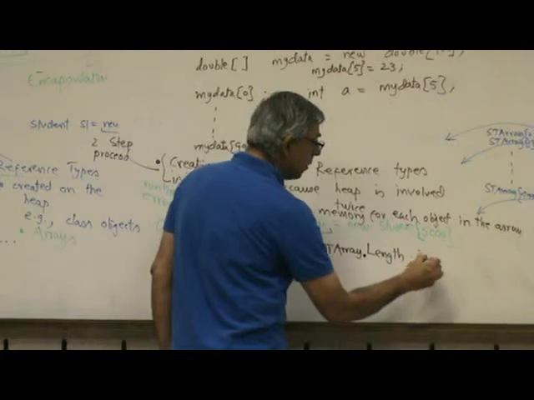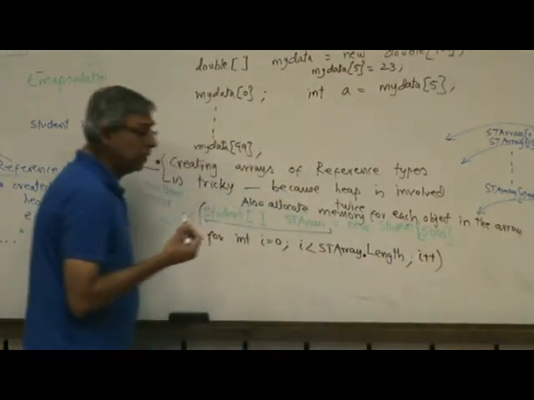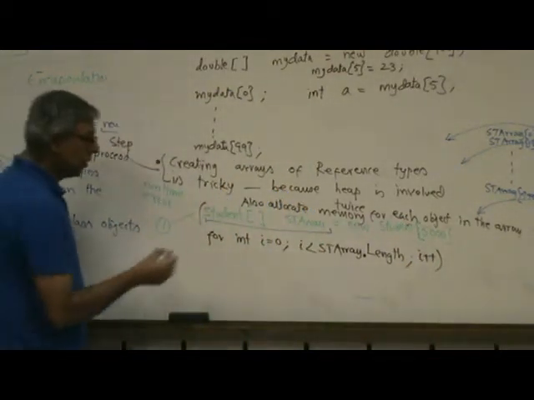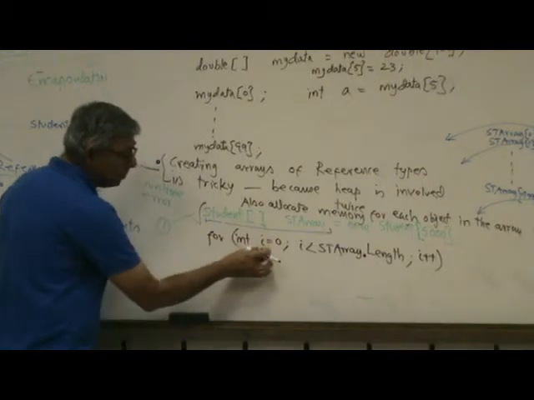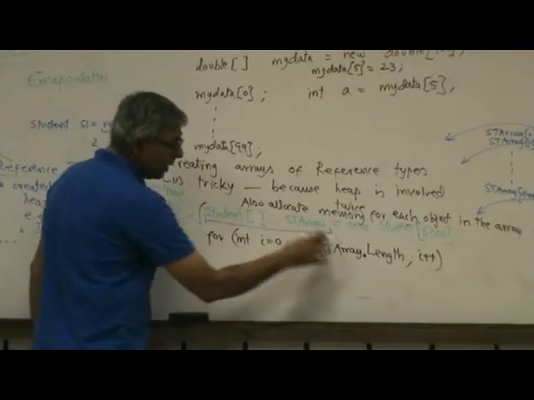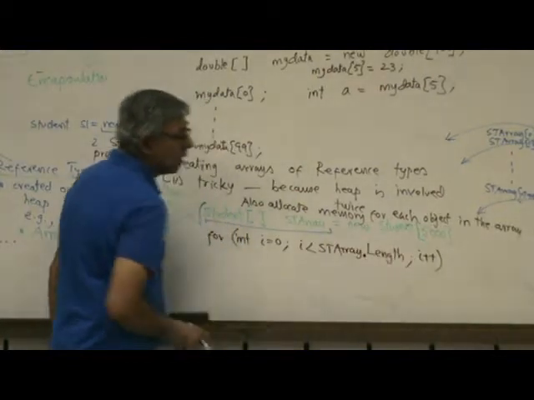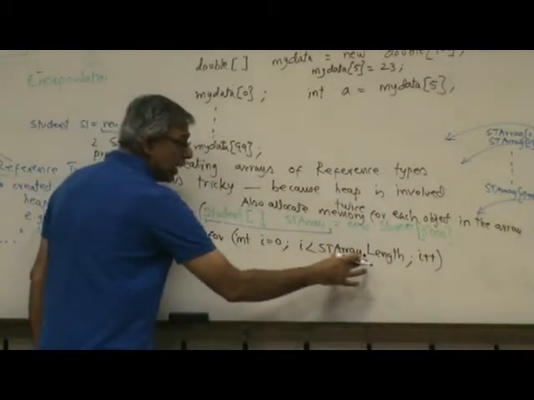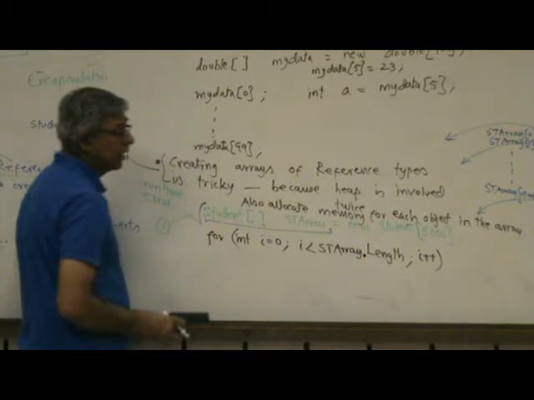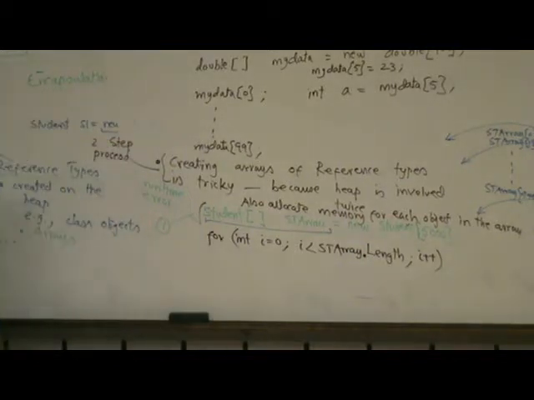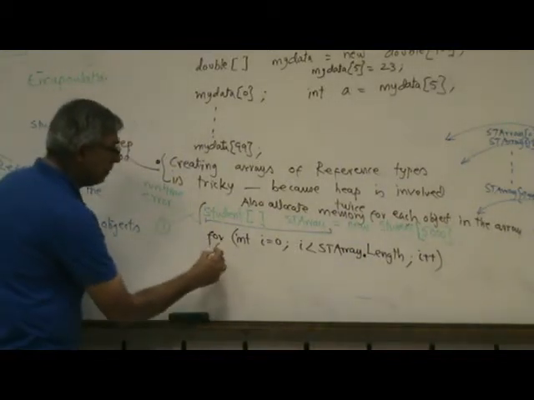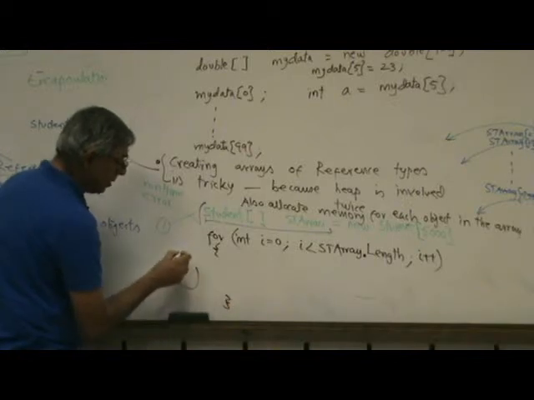i++ is a shortcut for i equal to i plus 1. So the loop will start with i of 0. Every time it will increment i by 1 until i is less than length, which is 5,000. So basically this will go 5,000 times through it.